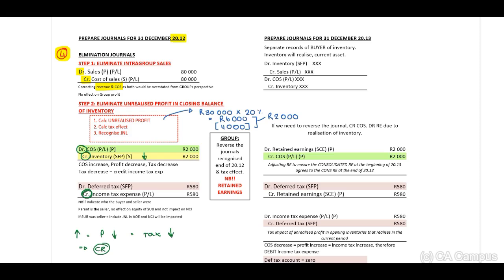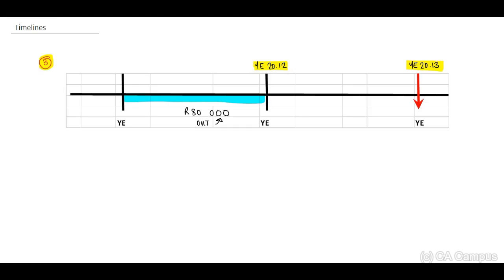But what happens in 20.13? If you think about this, at the end of 20.12, we've debited our cost of sales and we've credited our income tax. This is profit and loss line items, right? We've credited our inventory and we've debited our deferred tax, right?